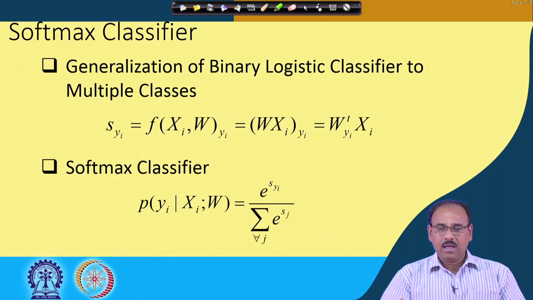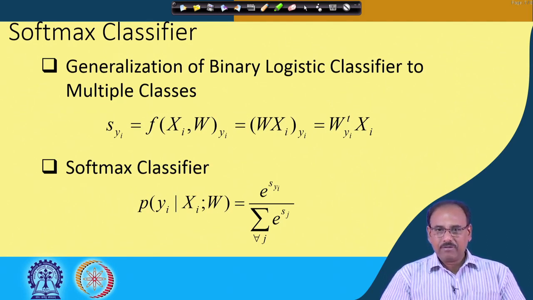And what that matrix of weight vectors gives is, when you multiply it with your given feature vector, you get a score vector. And we have seen that the score vector is a set of real numbers. So, if I have k number of classes, my score vector has k number of elements.